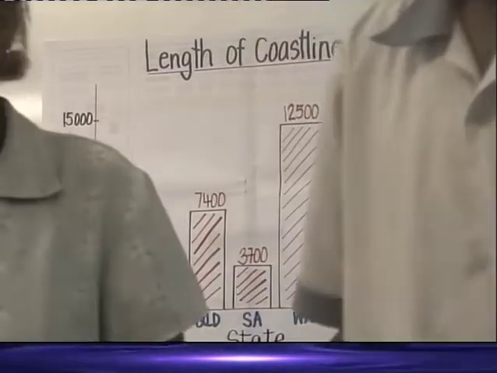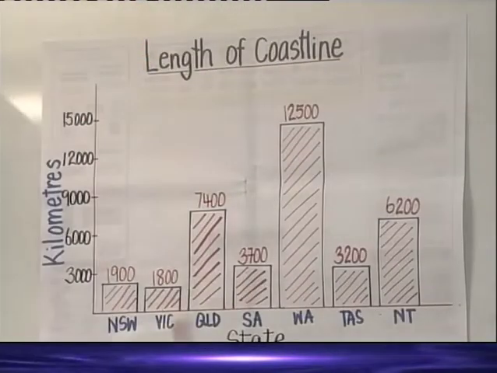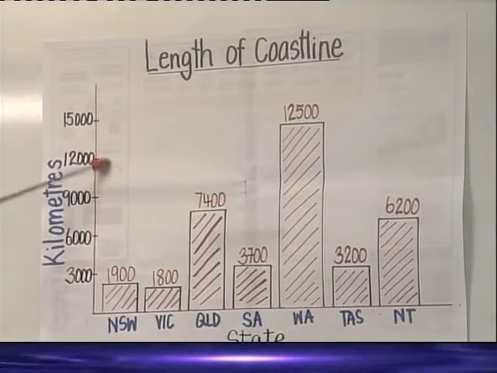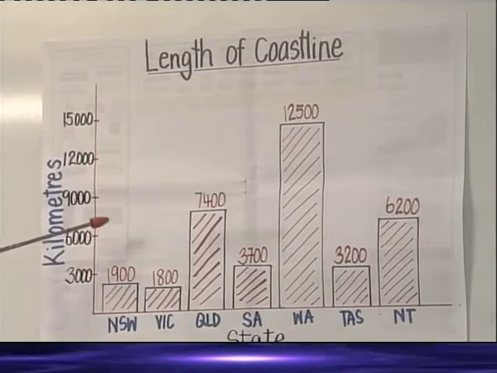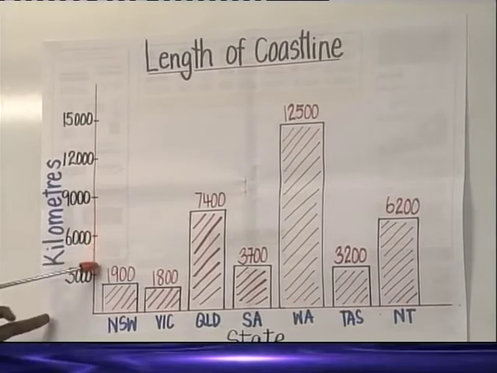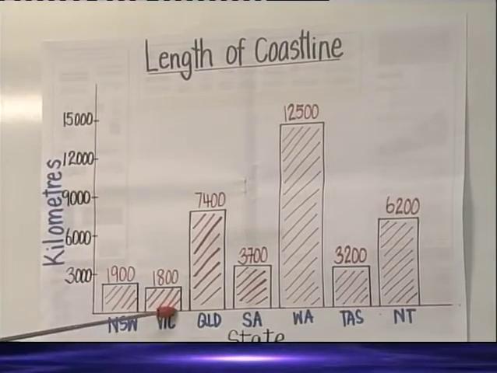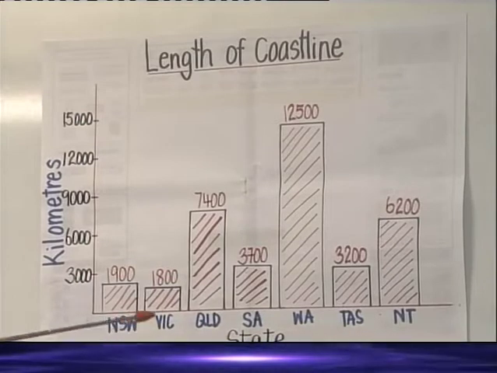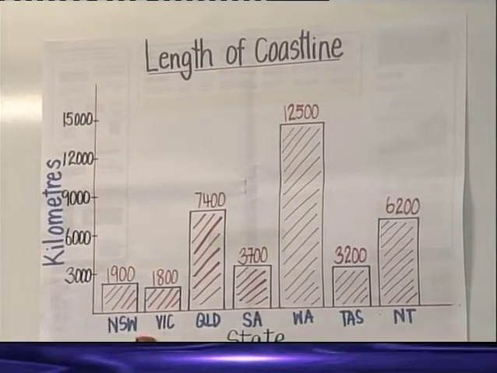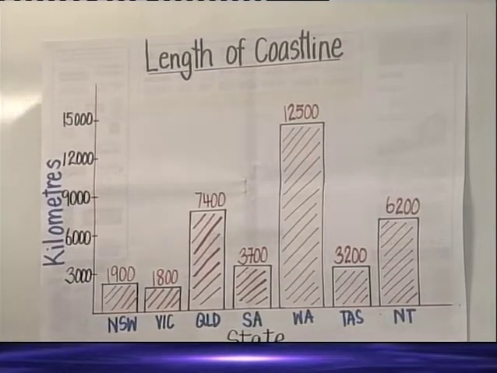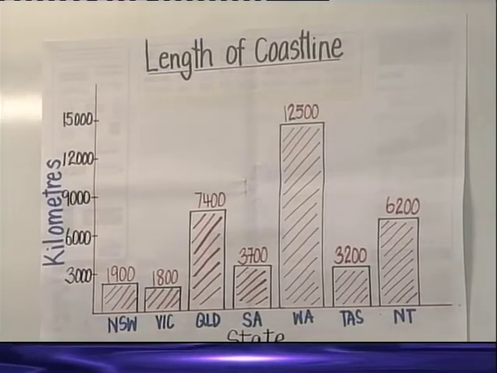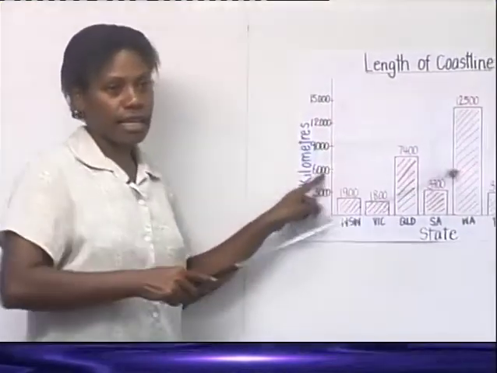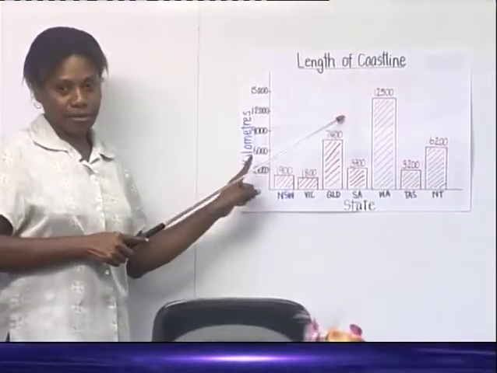All right. So we have the scale. Okay, can you see? On the vertical line, the information that is given here. And on the horizontal line, we have the states here. You understand, 8Cs and receiving students? So this graph here, this is a bar graph, okay?